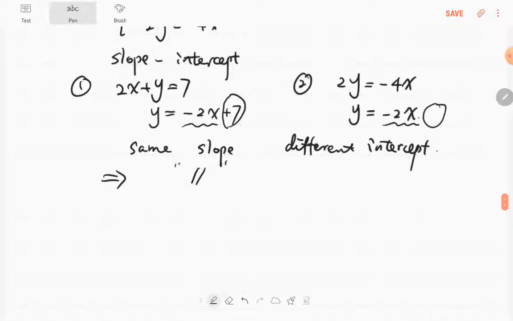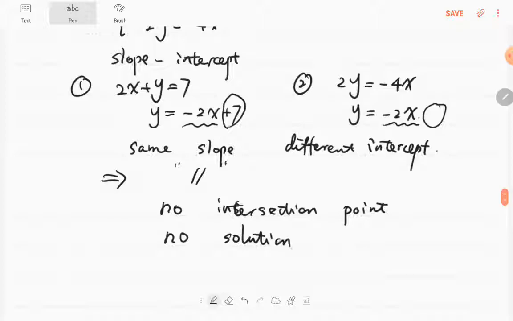This one is the special system. And for this kind of parallel lines, no intersection point, right? Because they are parallel to each other. No intersection point. So our conclusion is no solution.